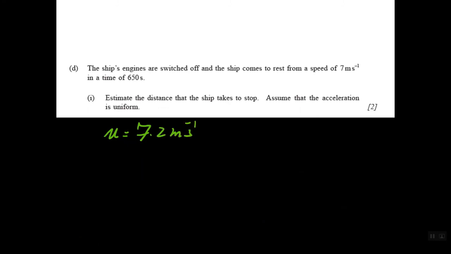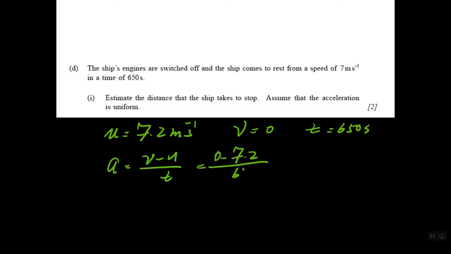The ship's engines are switched off and the ship comes to rest, so final velocity equals 0. And the time taken is 650 seconds. So we use the acceleration formula, change in velocity over change in time. Final velocity is 0 minus initial velocity 7.2, over the time taken, 650. That gives us a deceleration of 0.011 meters per second squared.